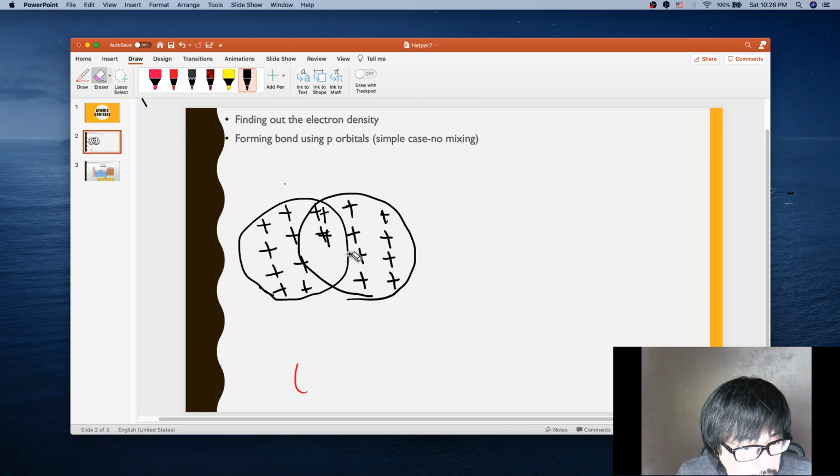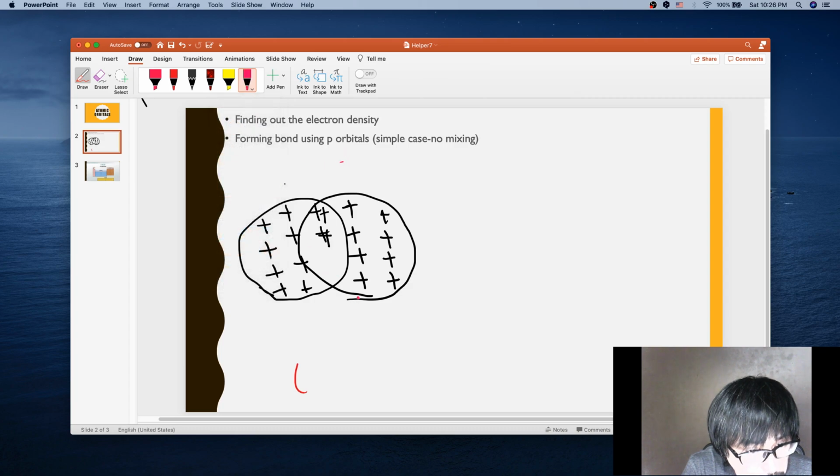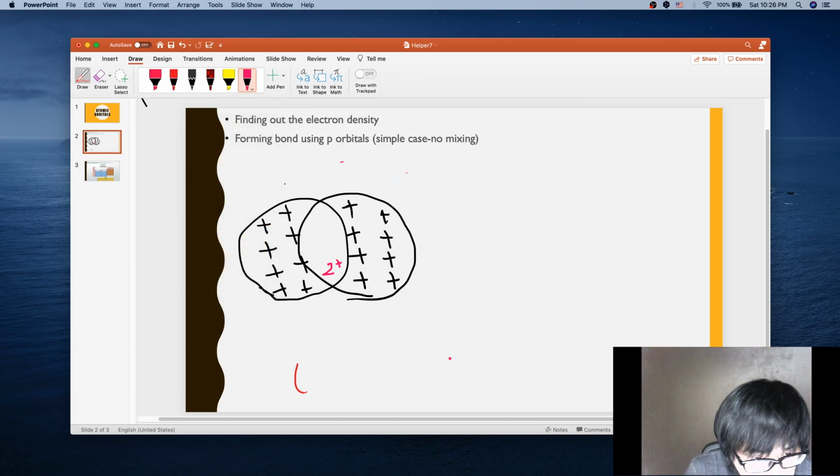So this becomes 2 plus, and the same goes for that one too, and that one too. These become 2 plus, 2 plus, and 2 plus.